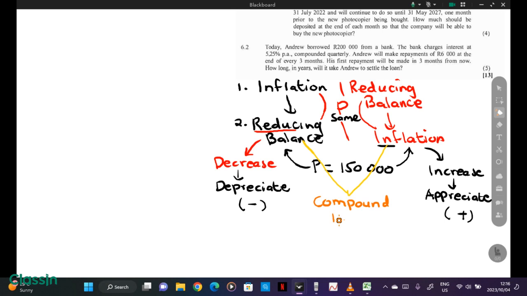These are compound interest. Now, this is the summary of inflation and reducing balance. But one other thing, especially with reducing balance: sometimes they will ask you to calculate the book value.